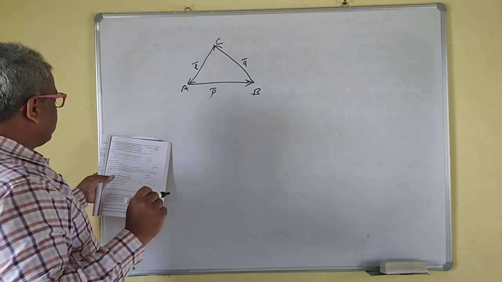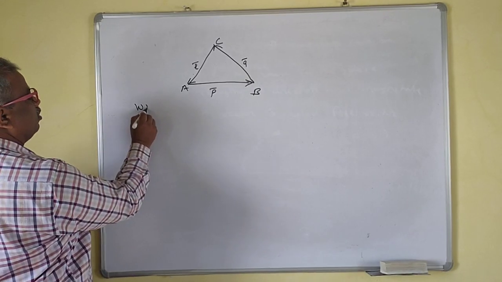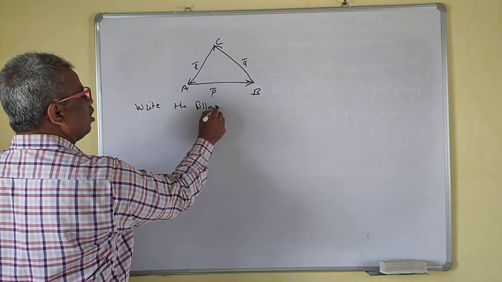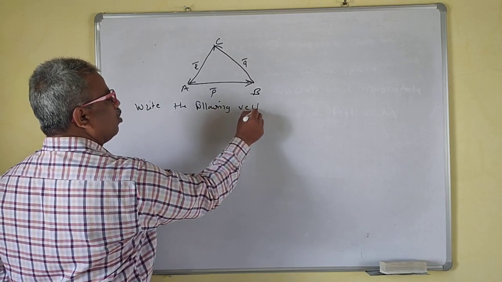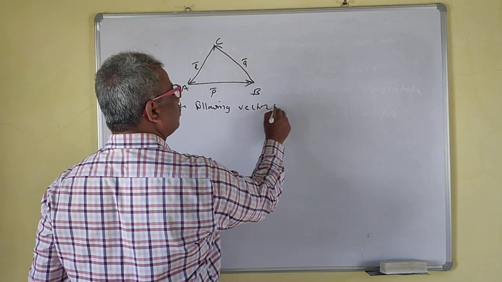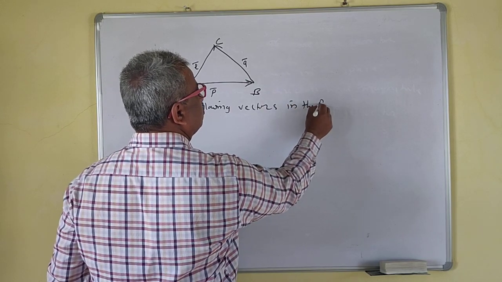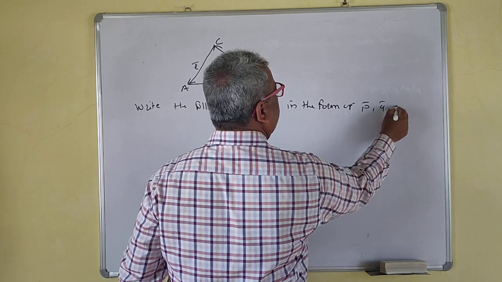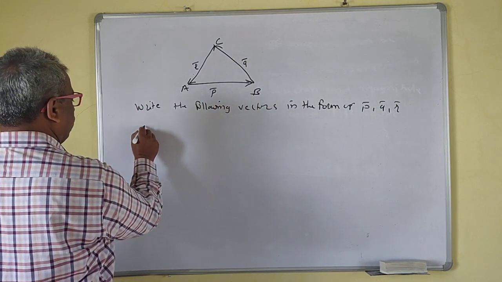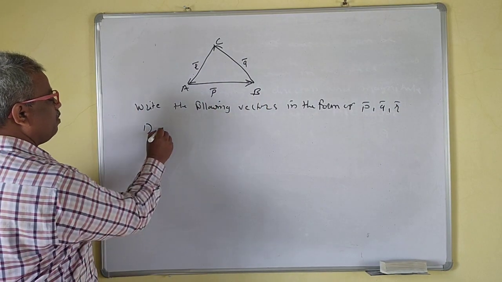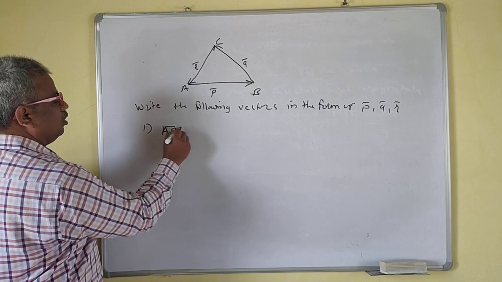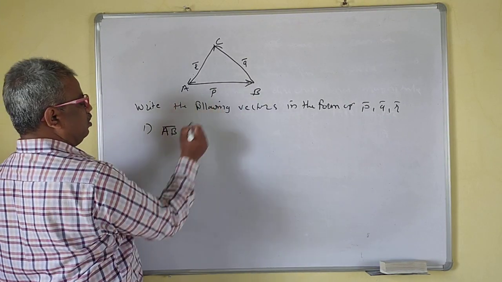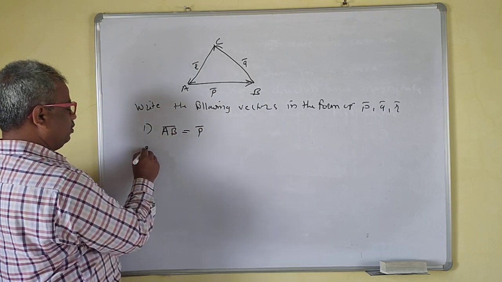Write the following vectors in the form of P bar, Q bar, R bar. First, AB bar. So this is your AB bar, and this is P bar.